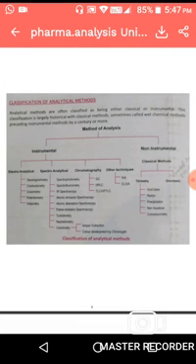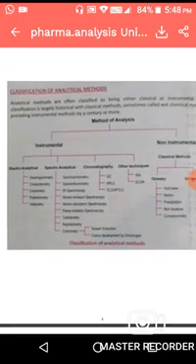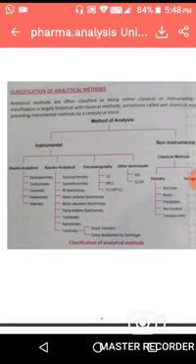Further, instrumental is divided into four different categories: electroanalytical, spectroanalytical, chromatography, and other techniques. Now let's understand what these are. As the word suggests, electro is a hint that it is related to electricity, and as I told you earlier, analytical means to find the strength.